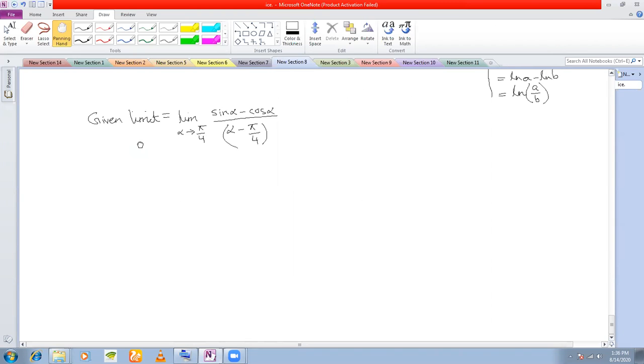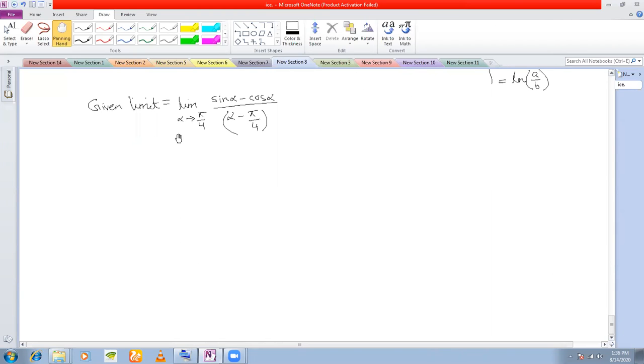Sir, done. Okay, so evaluate this limit. So we write given limit is equal to this. Now again, you check what form this is in your rough. Okay, so this is sin alpha minus cos alpha divided by alpha minus pi by 4. So this alpha clearly is a variable, and alpha tends to pi by 4. So you put alpha equal to pi by 4.